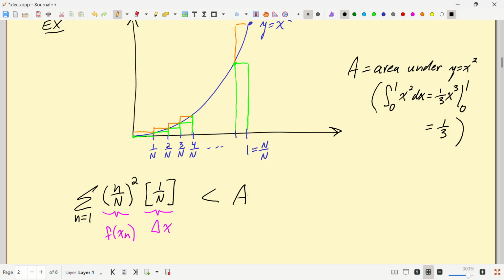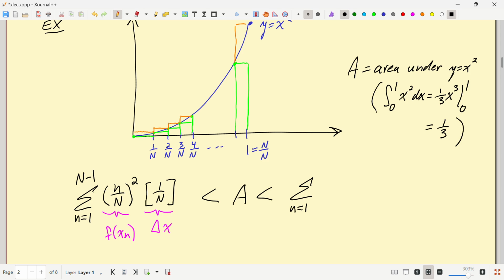And now the orange stuff is clearly above the area, so that's going to be bigger. And that sum, let's see, the first one would be, that's the right, let's see, how far do I go? The green ones go up to n minus 1, because I'm doing the left endpoints.